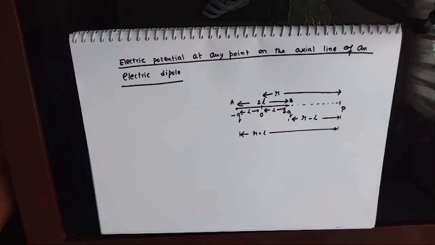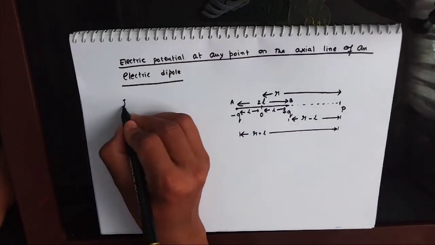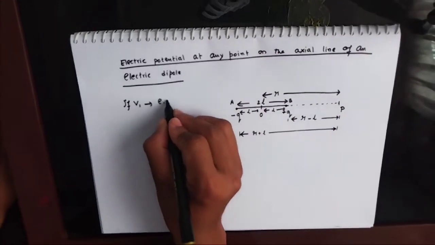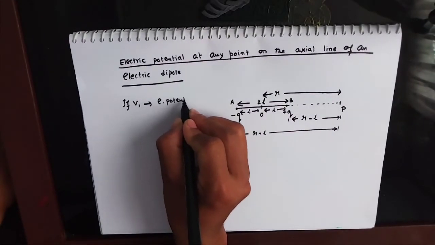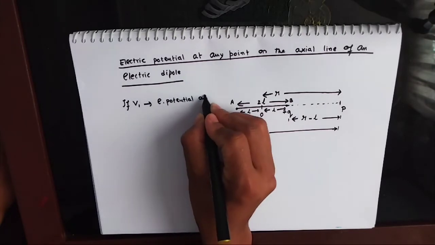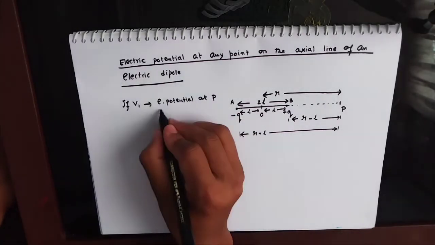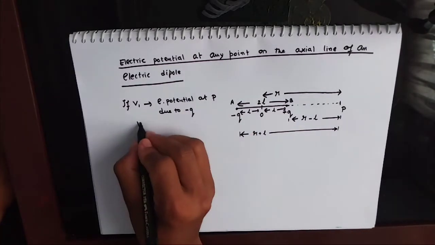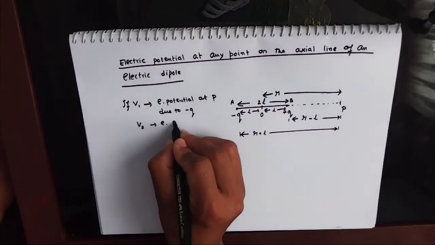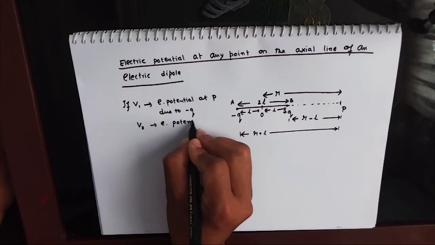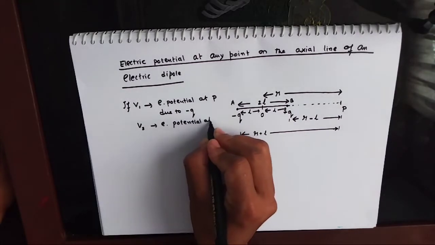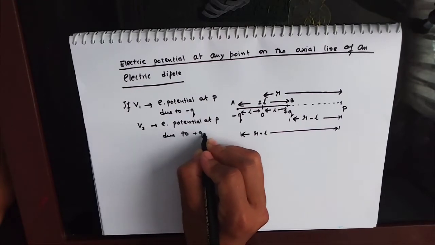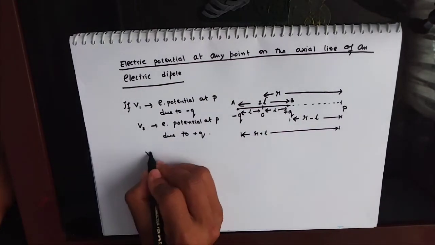Now, if V1 is the electric potential at P due to minus Q, and V2 is the electric potential at P due to plus Q. So what is V1?